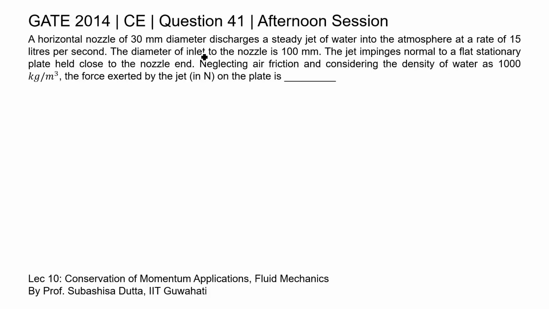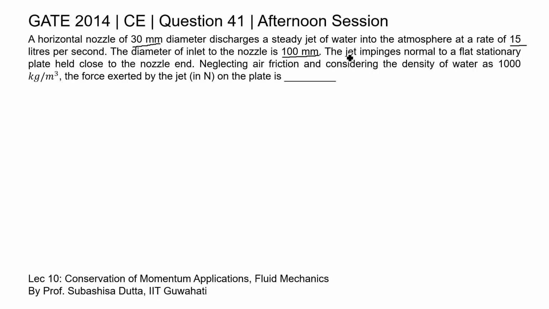So, in this question, a horizontal nozzle is discharging a steady jet of water into the atmosphere at a rate of 15 liter per second, and the outlet diameter of the nozzle is given as 30 millimeter and inlet diameter is given as 100 millimeter.